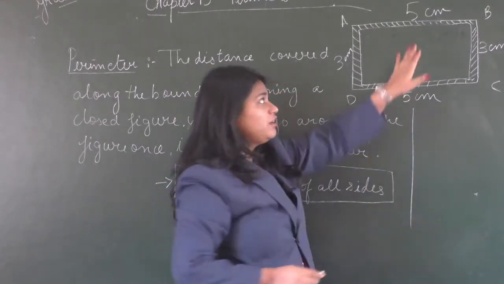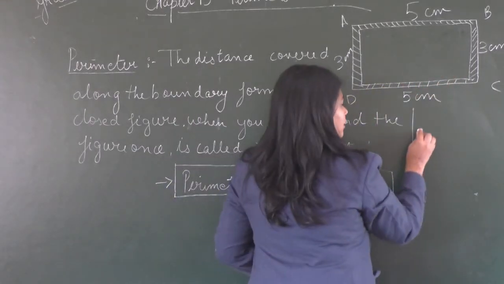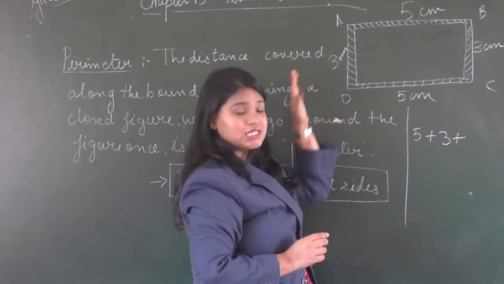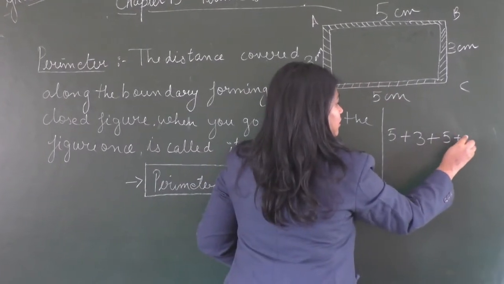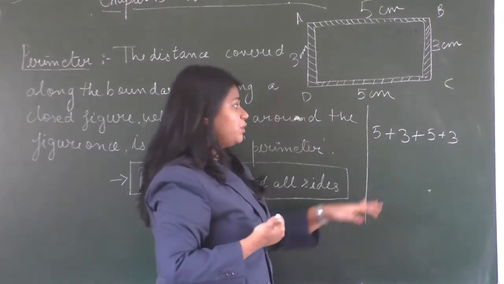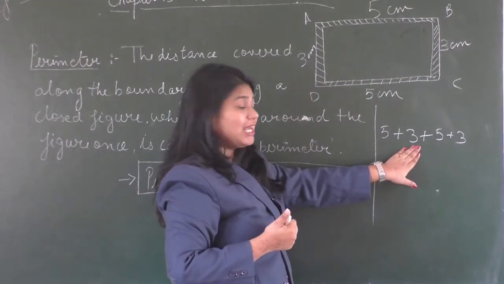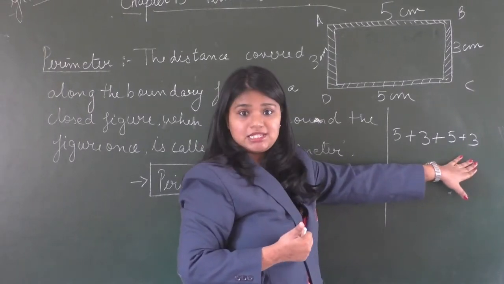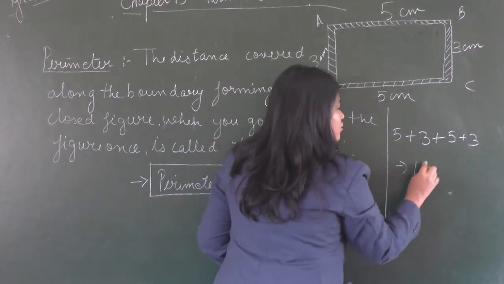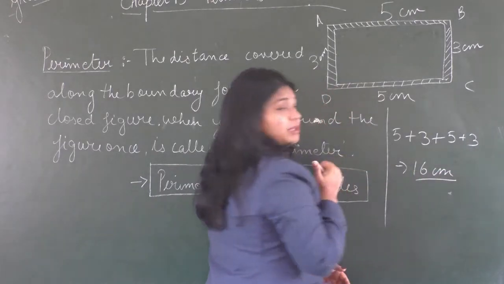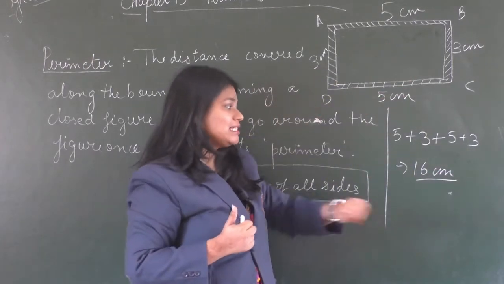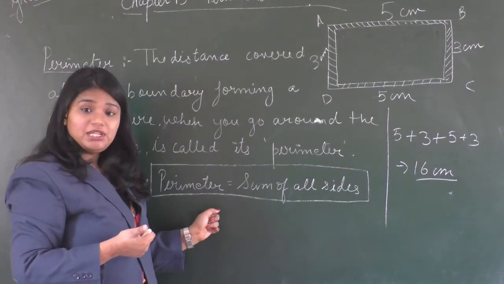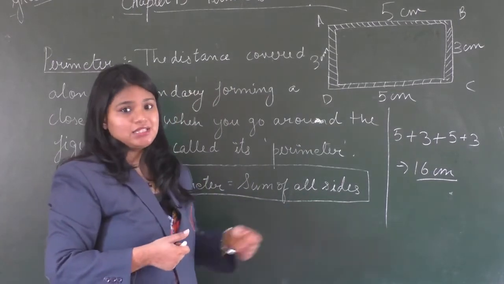So that will be 5 plus 3 plus 5 plus 3. Right? So how much will it be? 5 plus 3 is 8. 8 plus 5 is 13 and 13 plus 3 is 16. So we got perimeter of ABCD as 16 centimeter. So the generalized formula for perimeter is sum of all sides.